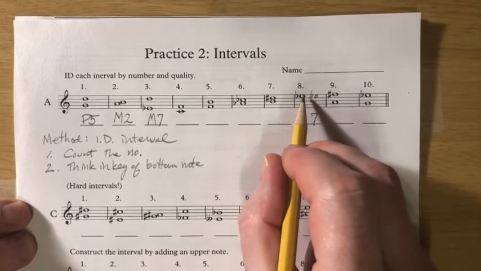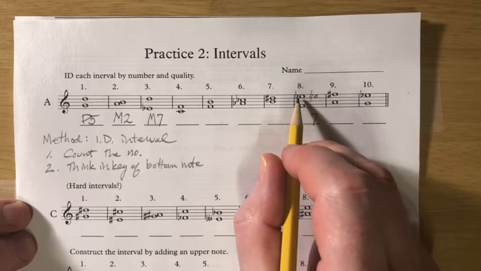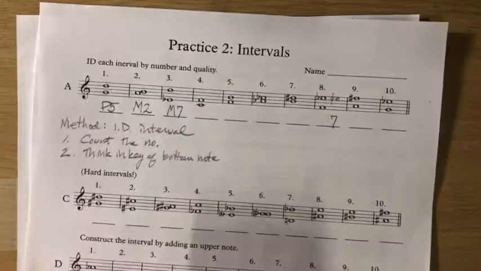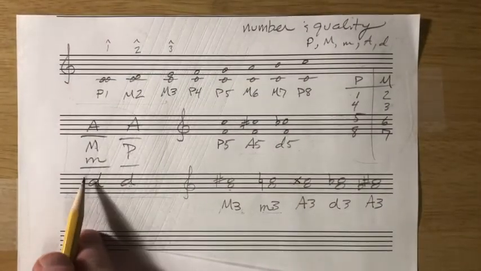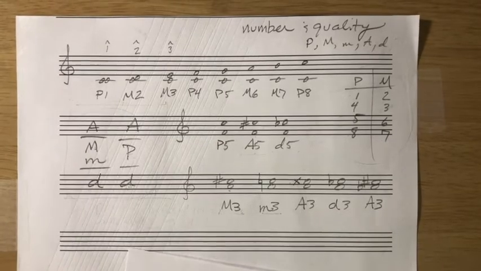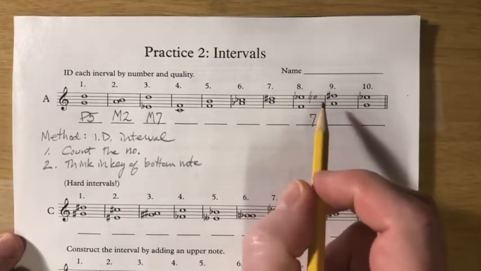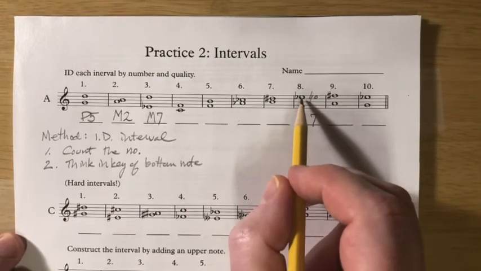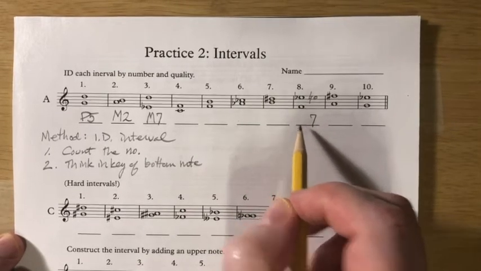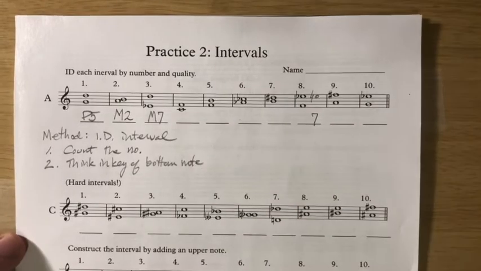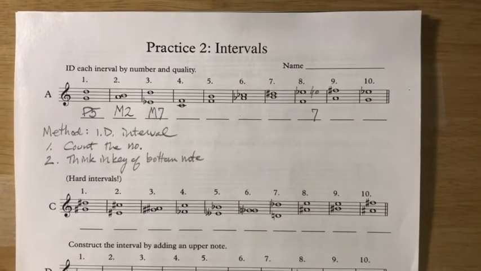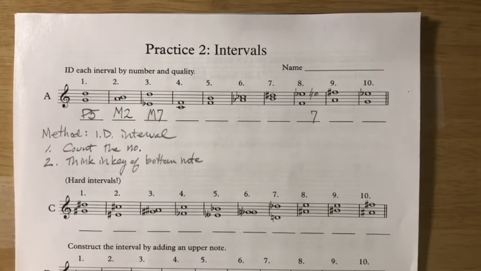And we see that this note is a half a step lower. So we just go back to our chart from right here and use that to find out what happens to the quality of the interval when a major 7th is reduced by half a step, and you'll put that quality here.